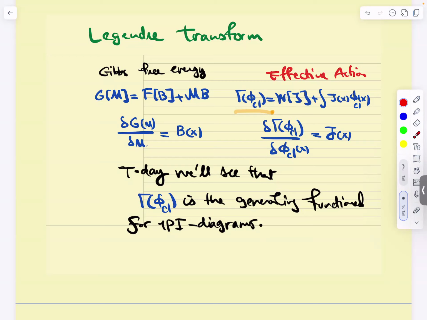The reason is that when you have several saddles, let's go to classical mechanics. What you have is the integral of dx e to the minus beta times the free energy and so on, right?